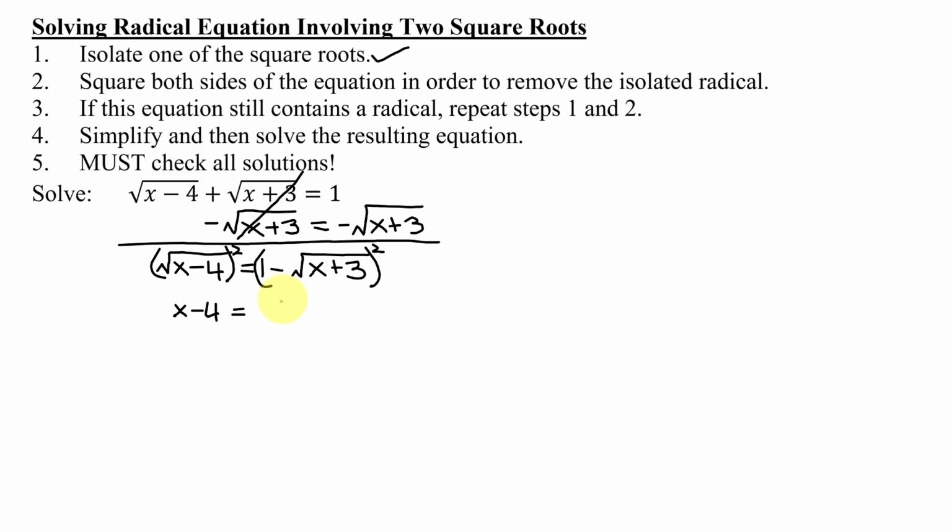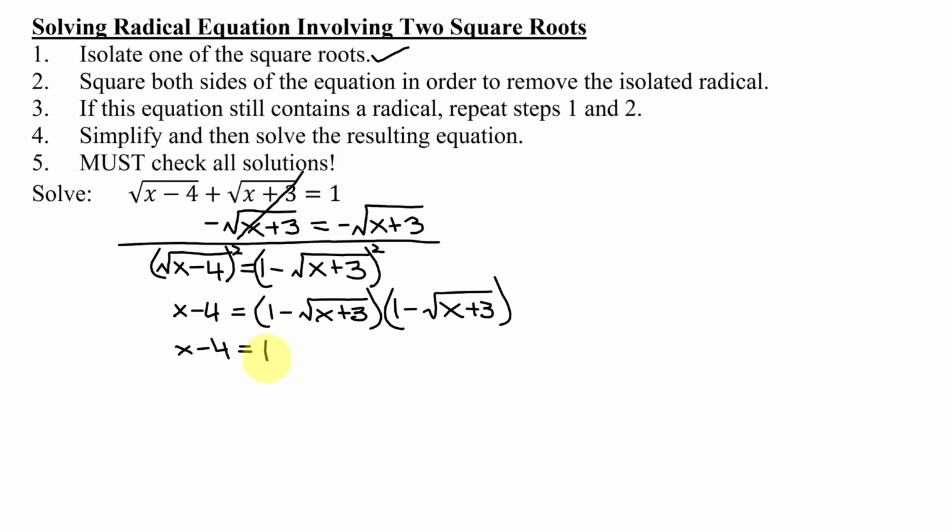On the right-hand side, when I'm squaring a binomial that contains radicals, I'm going to do it the long way, by multiplying 1 minus the square root of x plus 3 times 1 minus the square root of x plus 3.